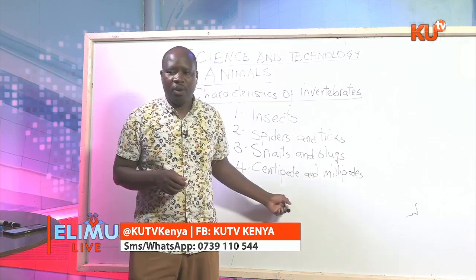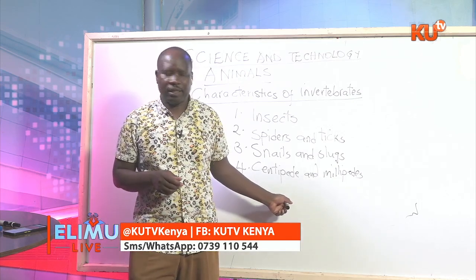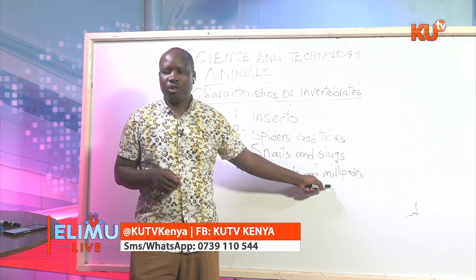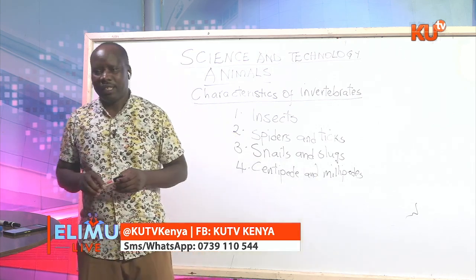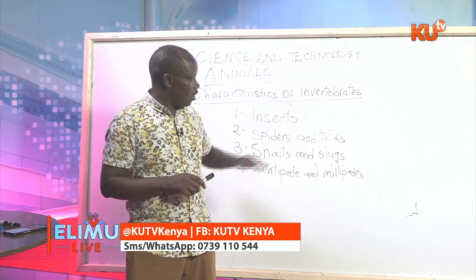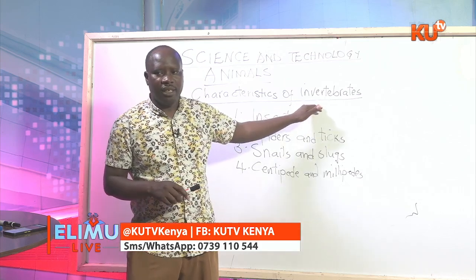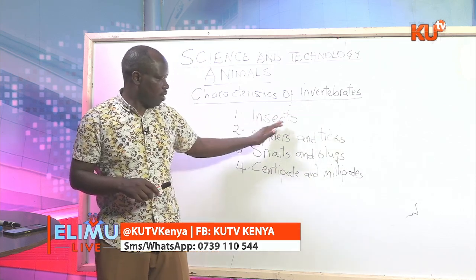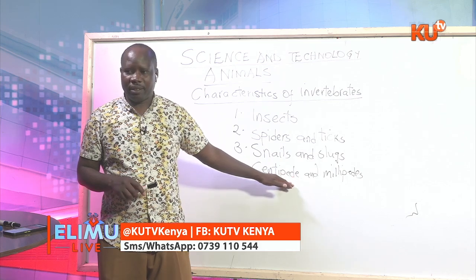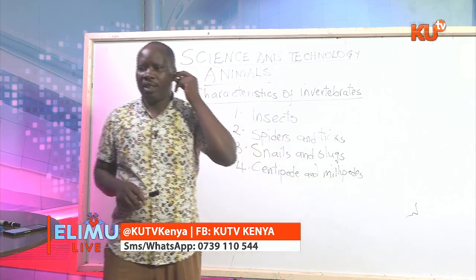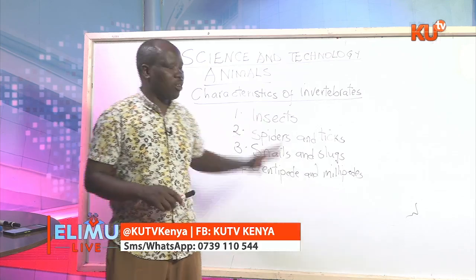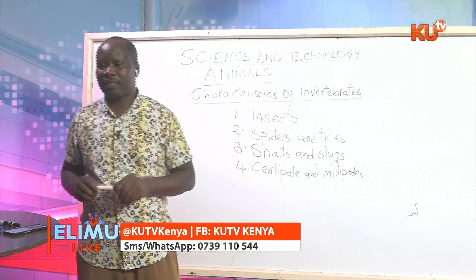Under centipede, 1 pair of legs per segment, and under millipede, 2 pairs of legs per segment. Therefore, that brings us to the end, knowing what an invertebrate is, knowing the categories of invertebrates, knowing examples, and the characteristics of each category of invertebrates.